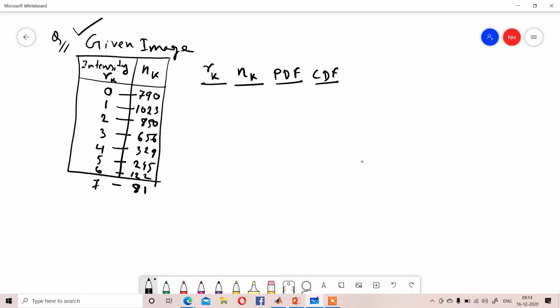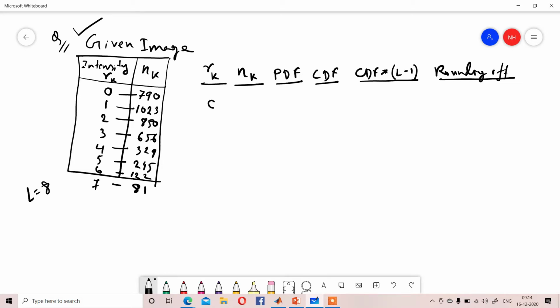Fifth step is CDF multiplied by L minus 1, and the final step is rounding off. The value of L here is 8, since the levels are 0 to 7, so L minus 1 obviously will be 7.